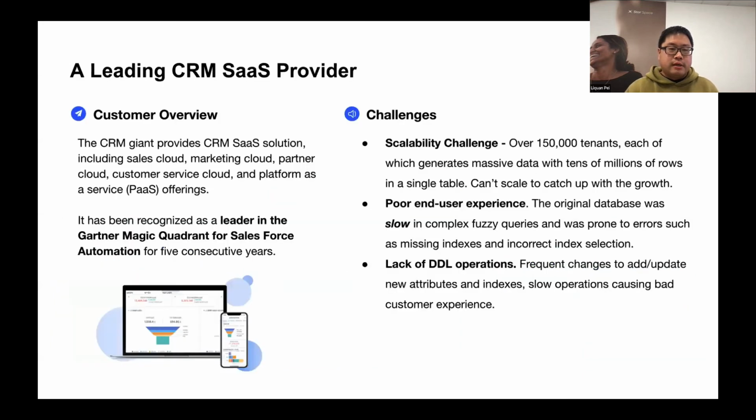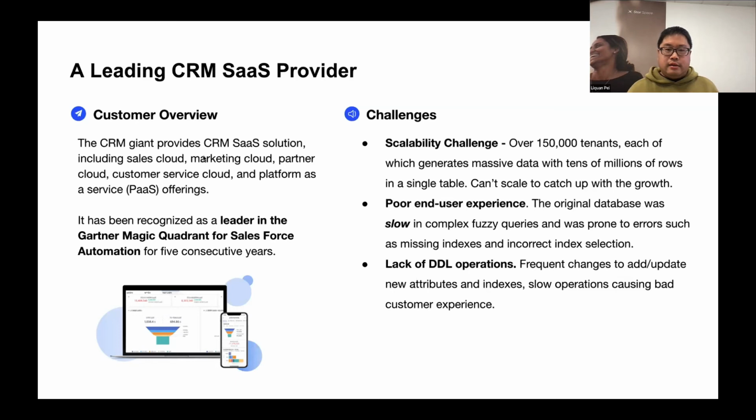And here I will give you a real-world use case of a CRM SaaS provider that adopted TiDB. This is a large CRM. It has over 150K tenants, and each of them generates a lot of data, maybe tens of millions of rows in a single table.